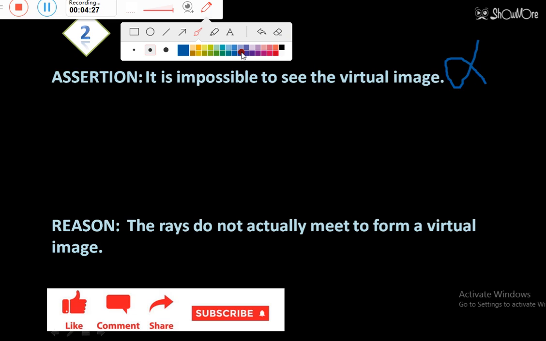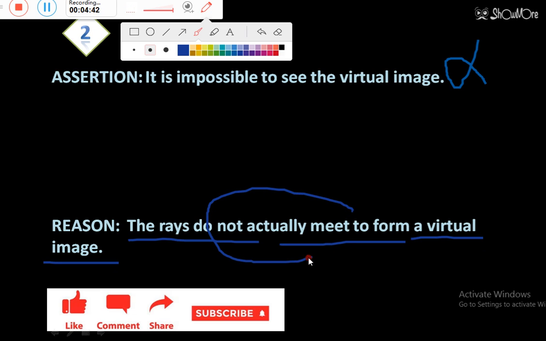Let's see the next one. What is the reason he is giving? The rays do not actually meet to form a virtual image. Yes, this is the right one, because the rays do not actually meet. We have to extend them backward, manually, and that's why we get a virtual image.